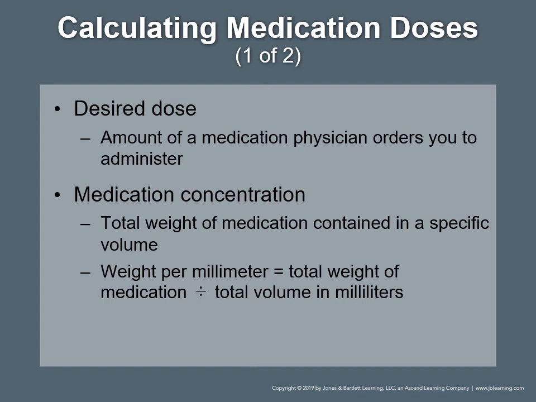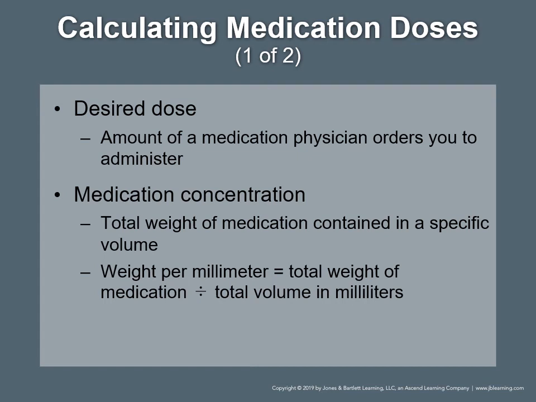So your vial has 50 milliliters in it, and there's 25 grams total in that 50 milliliters. So to figure out how many grams are per milliliter, you're going to divide the dose by the total amount of fluid. So you've got 25 grams divided by 50 milliliters. That gives you 0.5 grams per milliliter.